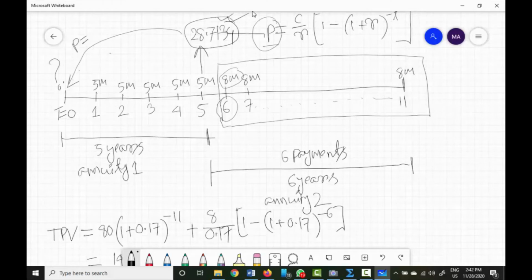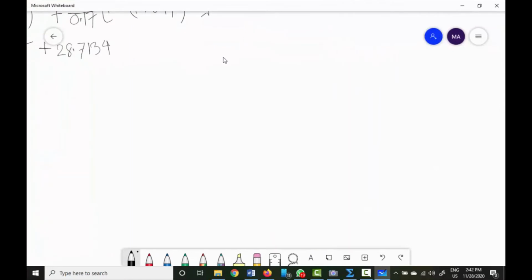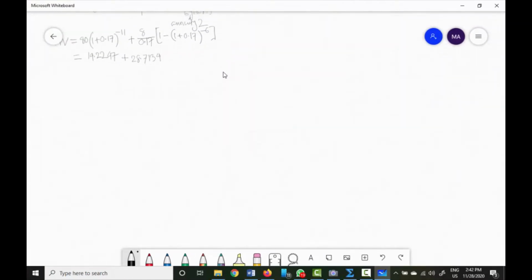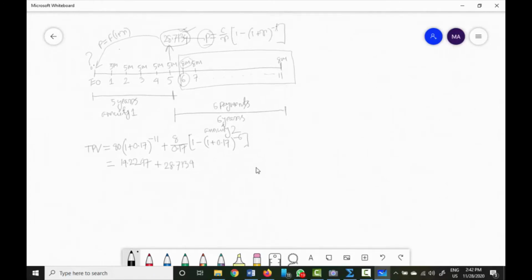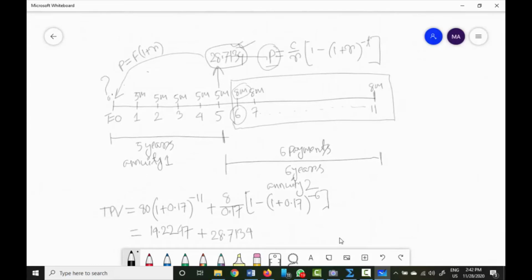The formula will be F into (1 plus R) power minus T.